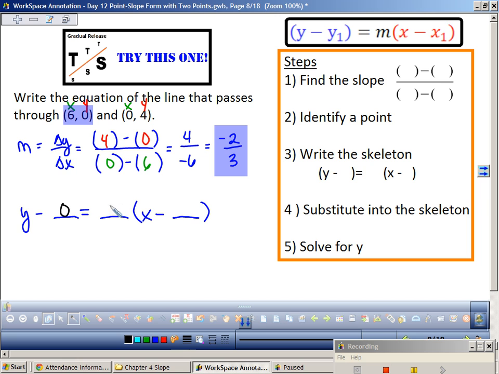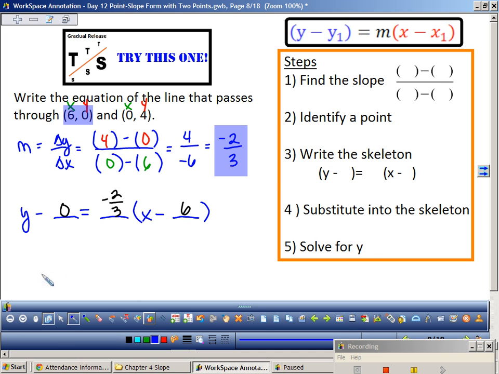What goes here? It's right there. What goes here? See how it says m? Yeah. What's my slope? Negative 2 over 3. And what goes here? 6. All right, how about Alex next to him?